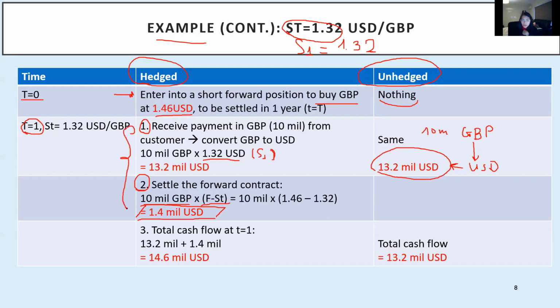So with the hedge position, therefore, my overall position in 1 year's time would be the sum of steps 1 and 2, so that in the future, my total position in USD is 14.6 million, okay?